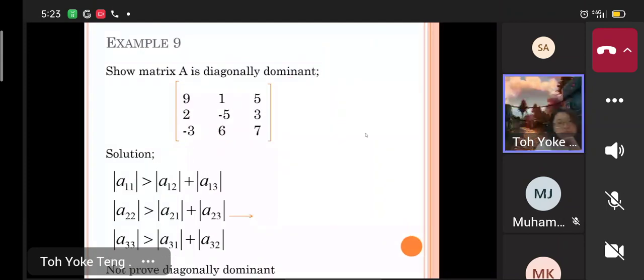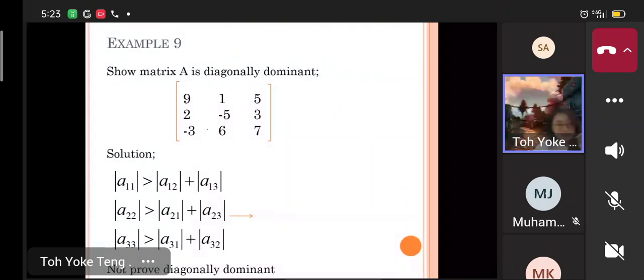Okay. So for the next one, matrix A is diagonally dominant. So again, just the thing that I want to share with you, the difference. This one is equation 9. This one is equation 8.